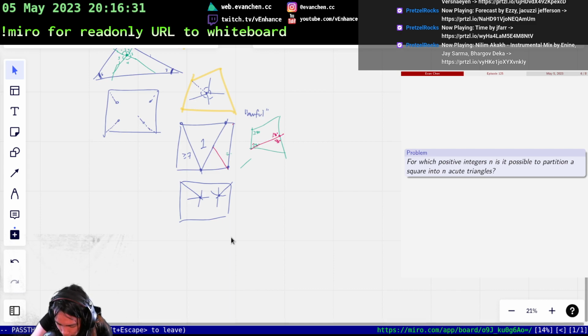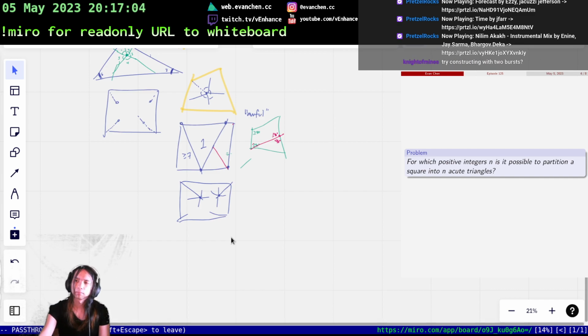So if there's two bursting vertices, I mean, I guess the point is there's 4 rays, so even if we're in that case, try constructing with 2 bursts.